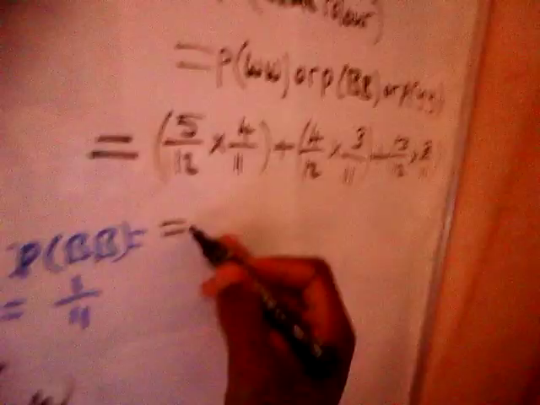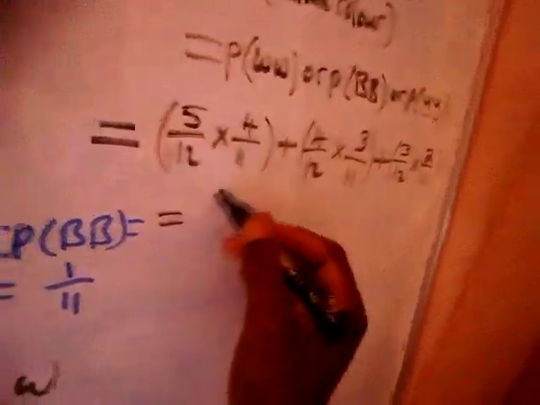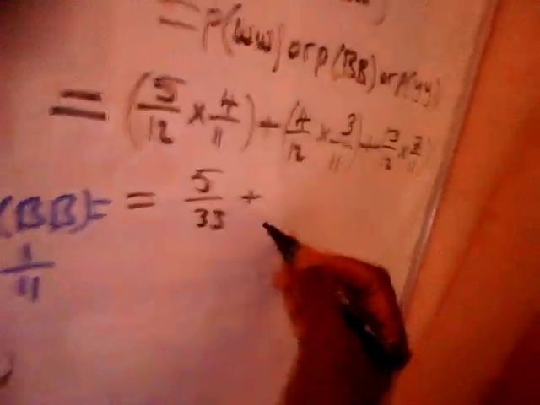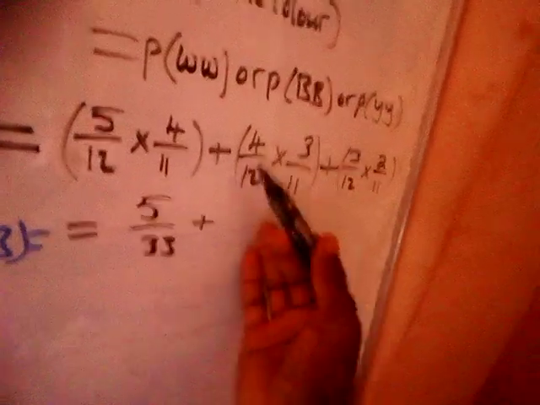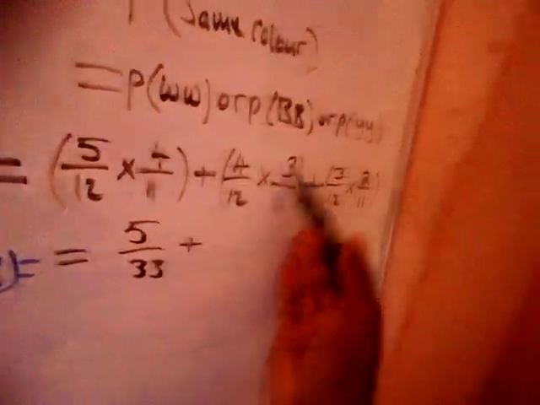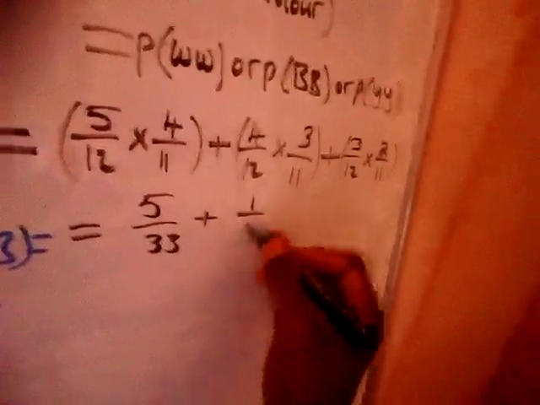From here, we're going to simplify this. When you do so, we have 5 out of 33, plus 1/3 times 3 elevenths. The 3 will cancel out, so we have 1 out of 11.